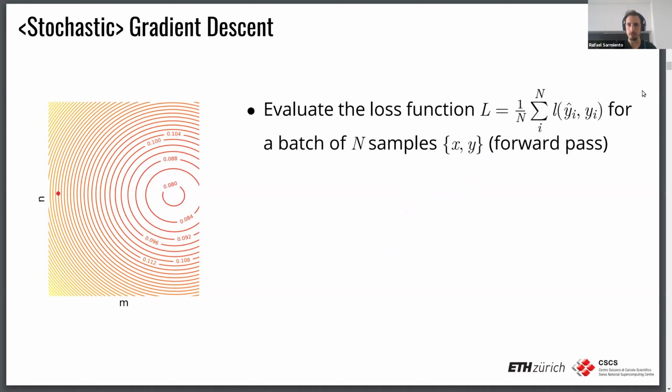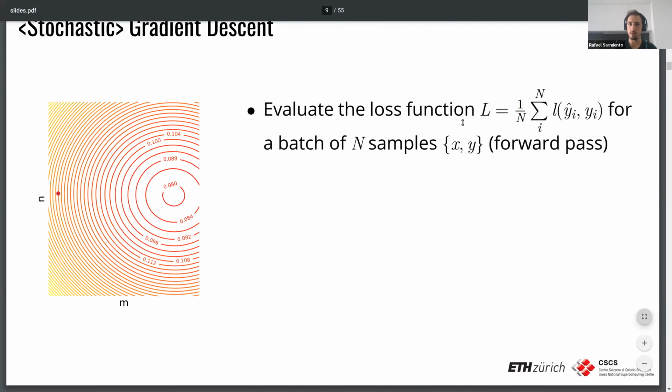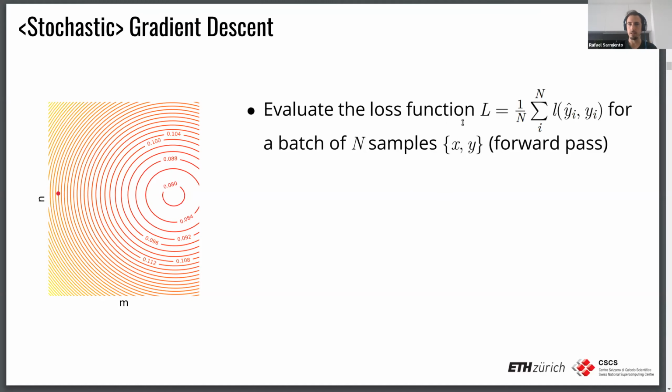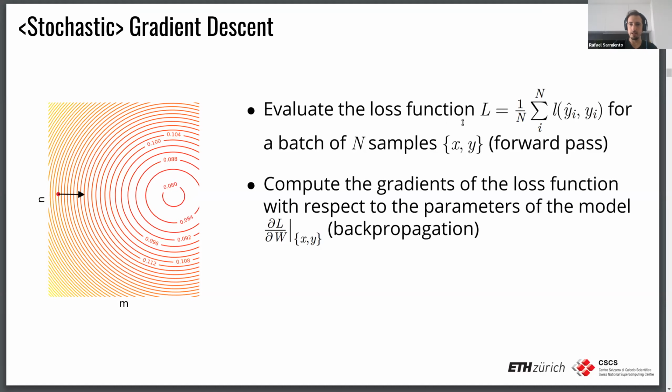And how we do it is: we have the loss. We evaluate the loss function for a batch of n samples. This is called the forward pass. Then we get the gradients of the loss with respect to the parameters of the model. This is called backpropagation.